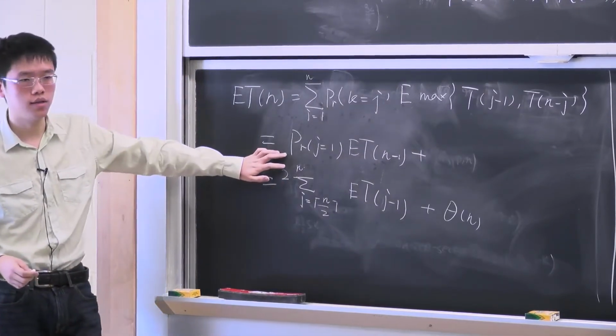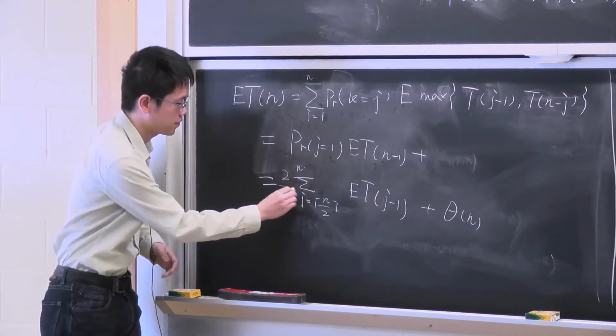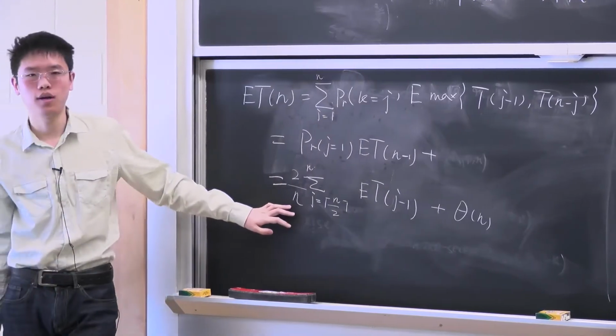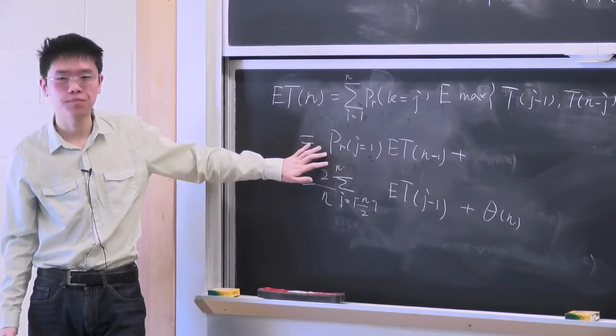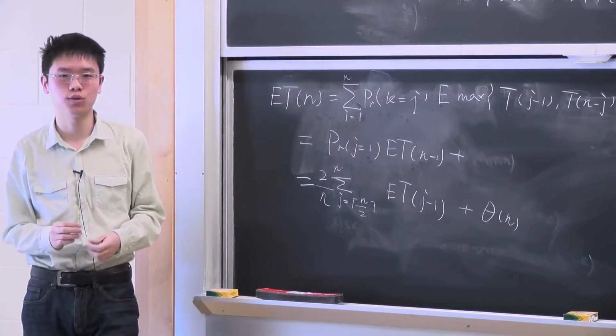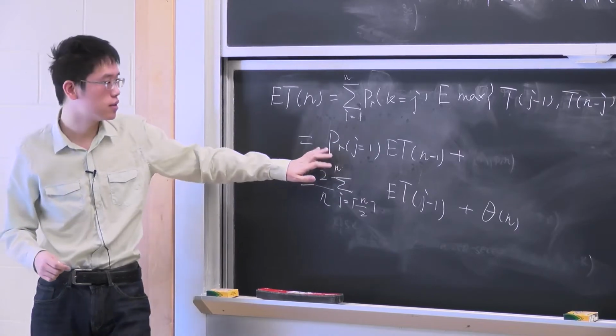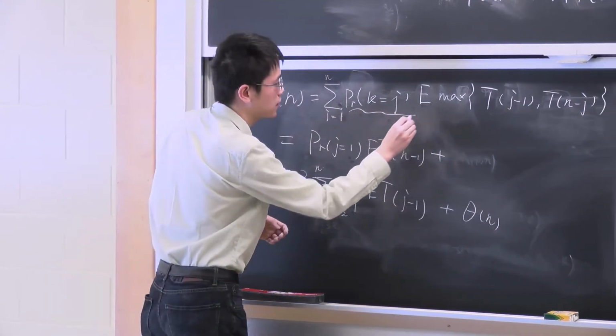And so I somehow just threw away this probability, but this probability is 1 over n, right? Because I'm choosing a random element, there is 1 over n probability that it is equal to 1, equal to 2, 3, 4. Every one of those is 1 over n.